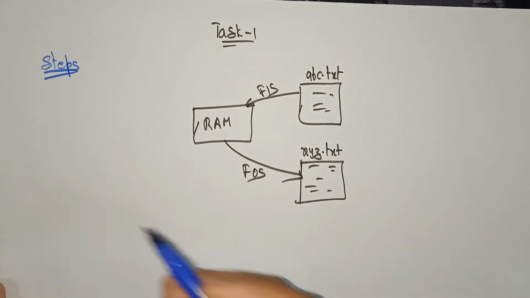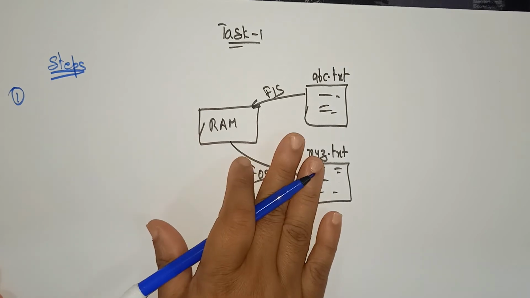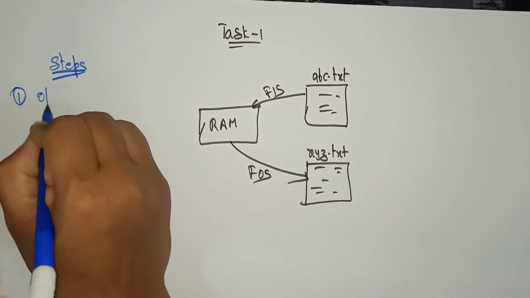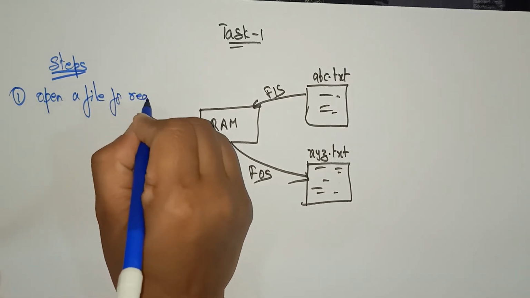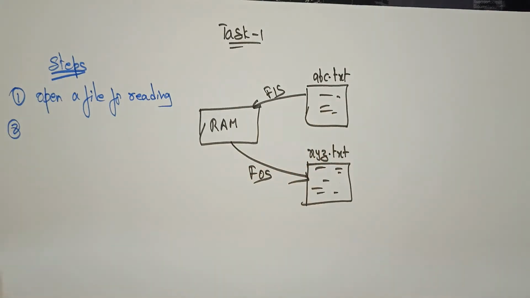So here I am writing the steps to develop this application. First, open a file for reading. I open the file abc.txt for reading.